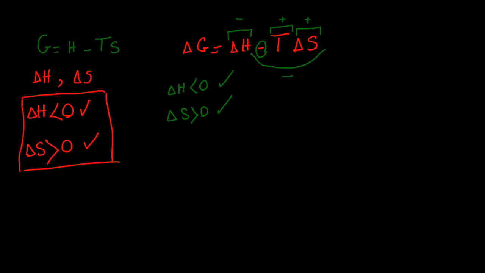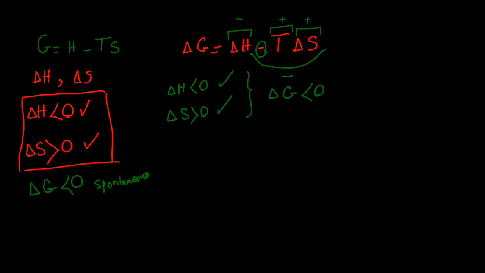Negative plus negative is negative. So delta G for this reaction is smaller than 0. So it means for a reaction to be spontaneous, delta G should be smaller than 0. So I write it here, delta G is smaller than 0 for a reaction to be spontaneous.